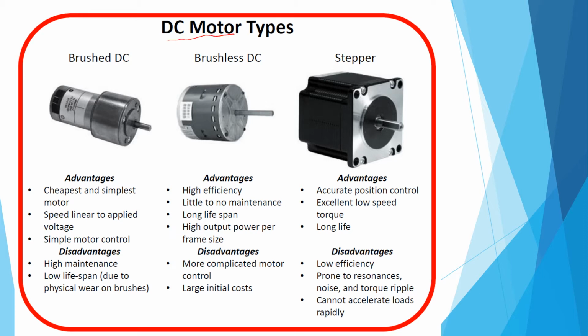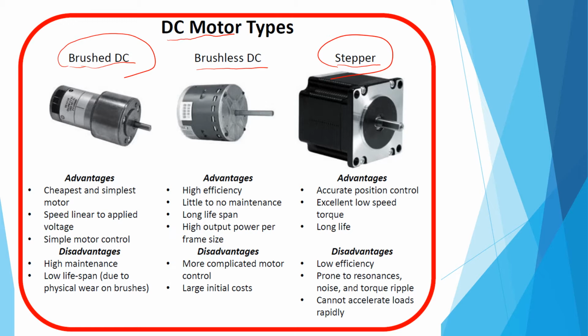Apart from series and shunt, you should know different types of DC motor: brush DC motor, brushless DC motor and stepper motor. In your syllabus you have brush DC motors and stepper motor.